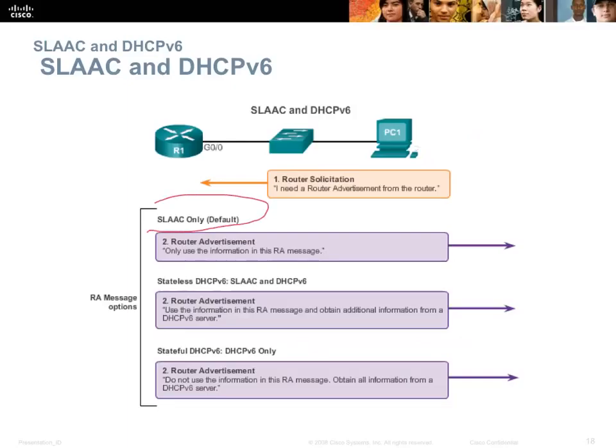So SLAAC only, or that and the DHCP server or some other services that you're going to grab from there, or you can say we only want to do it with DHCP. We want to give out the addressing information. We want to work like version 4. So we have those three options, right?